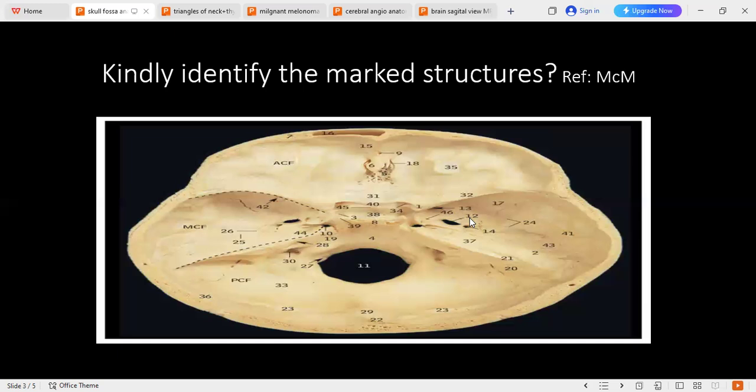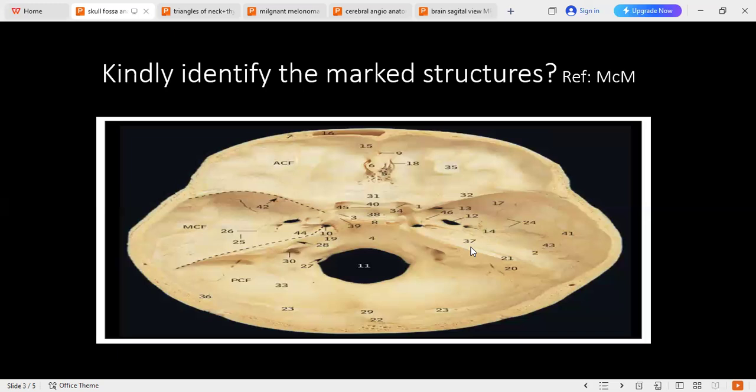The otic ganglion and the mandibular division of the trigeminal nerve, the lesser petrosal nerve, and the accessory meningeal vessel. Now identify 14, please. Foramen spinosum.